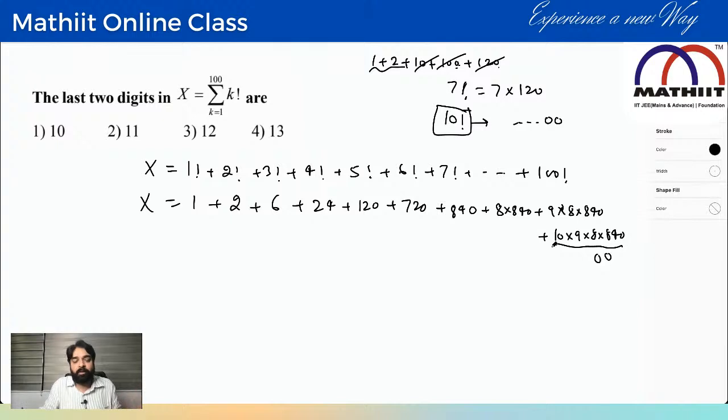Above that something is there, I don't know. So from here onwards, we have to check it out. Think carefully. Here the last two digits will be what? This 9 into 8, 72, and 72 into 840. Total multiplication is not required. Only the last two digits will be, I think, 80. Yes, this is the 80 it's going to be. Here the last two digits 80. Here the last two digits will be 20.